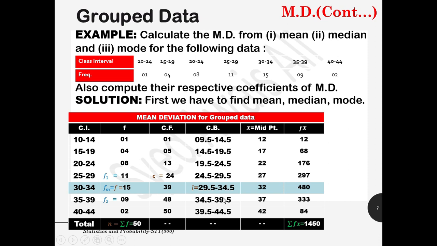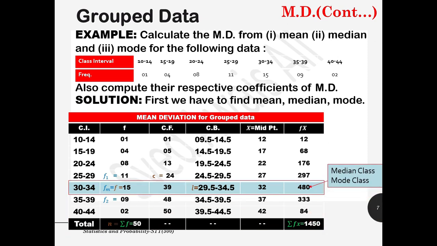So moving toward the next step, we have to find f for median, c for median, small l for median, and n for median. So in the given data, n is equal to summation f. Then we will find the median class, or then we have to find the mode class. So how will you find the mode class?